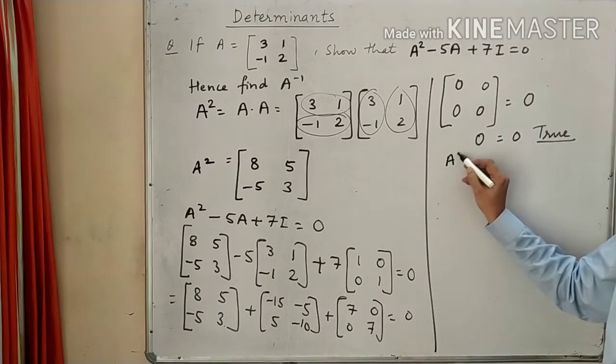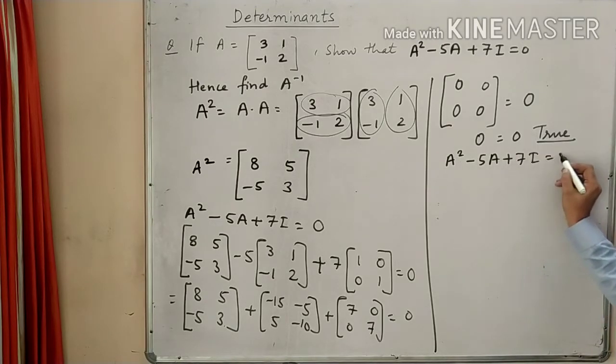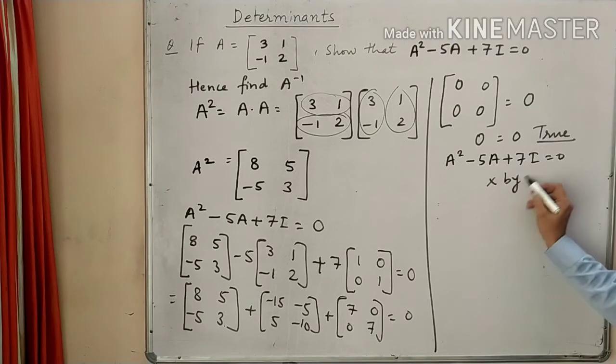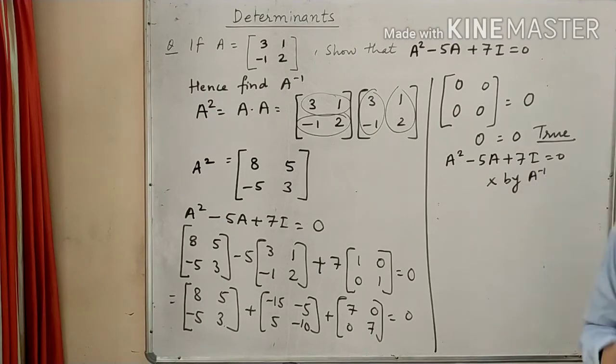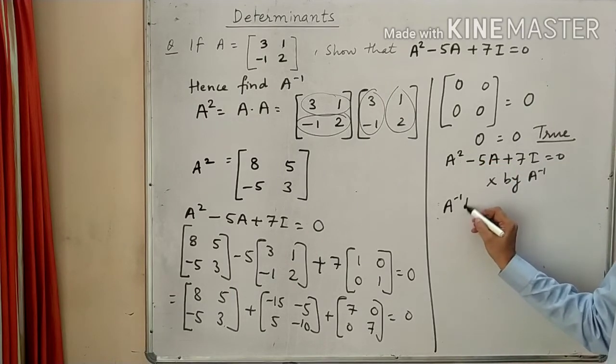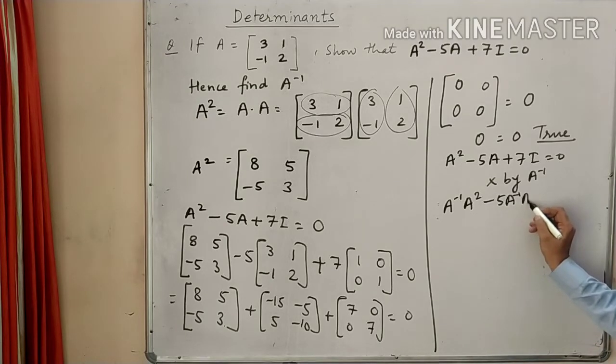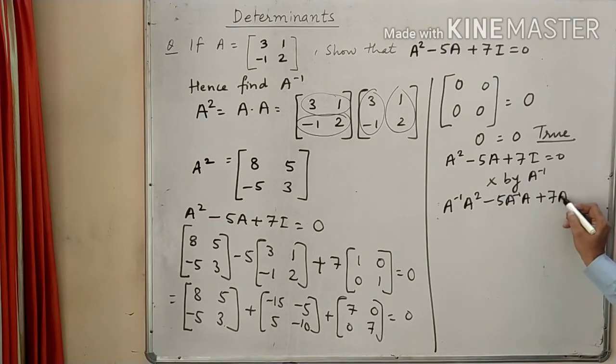How can we do it here? A square minus 5A plus 7I equal to 0. You multiply both sides by A inverse. What do we get? A inverse into A square, minus 5 A inverse into A, plus 7 A inverse into I, equal to A inverse into 0.